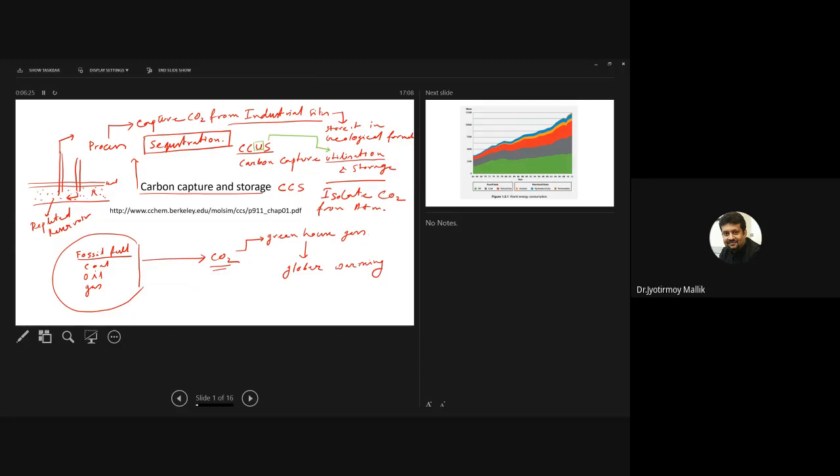We are simply isolating it from the atmosphere and then pushing it back inside the ground, right? But we are not essentially utilizing it for any of our purposes. So with CCS, I mean with carbon capture and storage, there is a process involved where we can also utilize carbon dioxide for our benefit. Those sort of technologies are called CCUS, okay? Carbon capture, utilization and storage. Okay. I hope the context is clear for you.